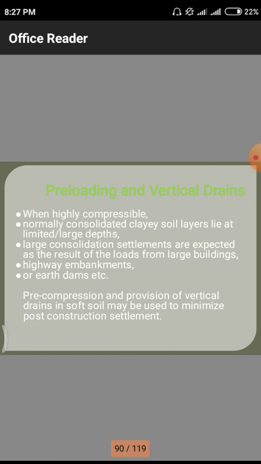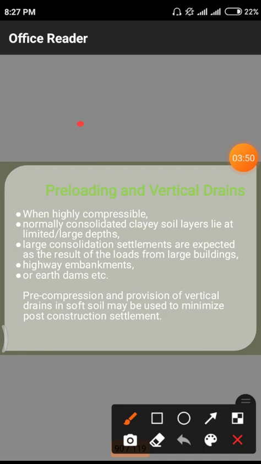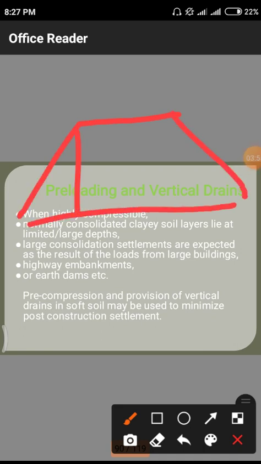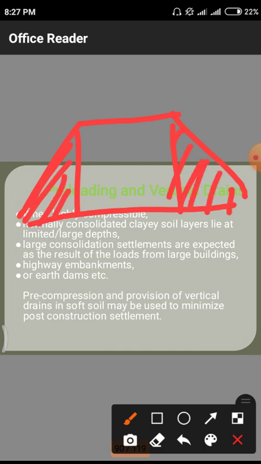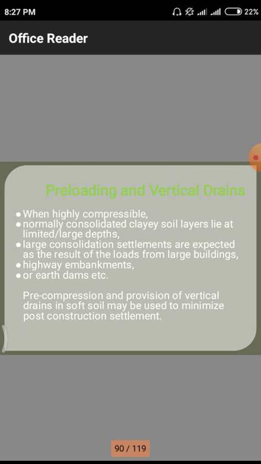Next, these structures are highly useful in highway embankments. I will show one diagram. This is the normal highway, and this is the embankment. Whatever portion lies beside the highway is called the embankment. Those embankments give a huge amount of support to the road itself, so that huge numbers of vehicles can move on the road with high speed and velocity.